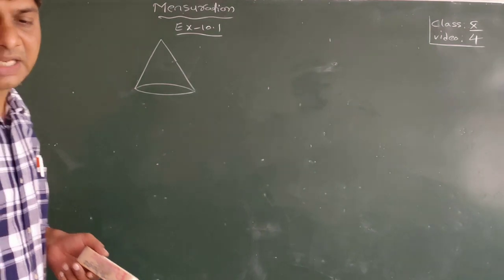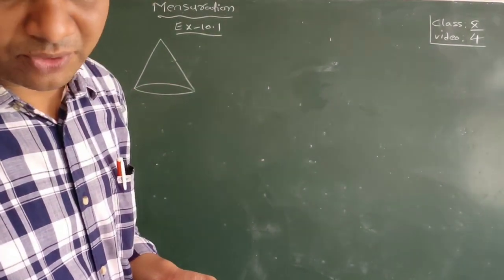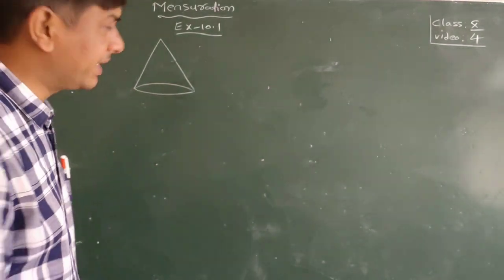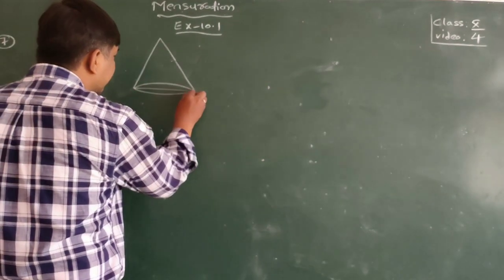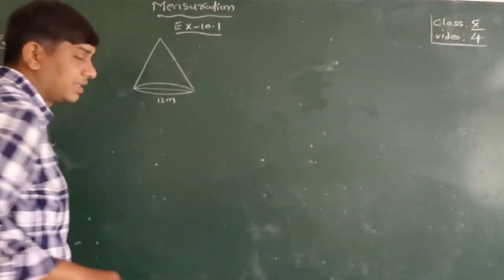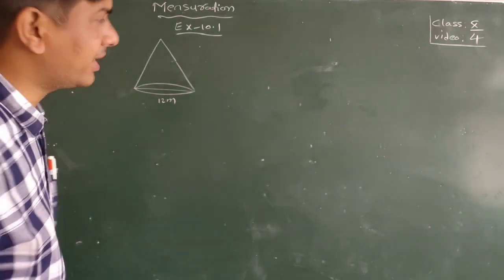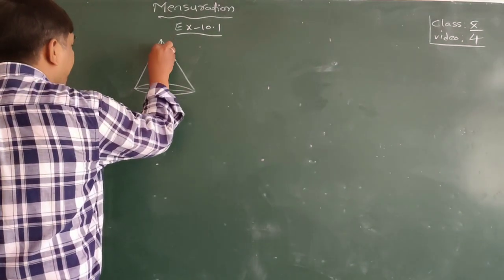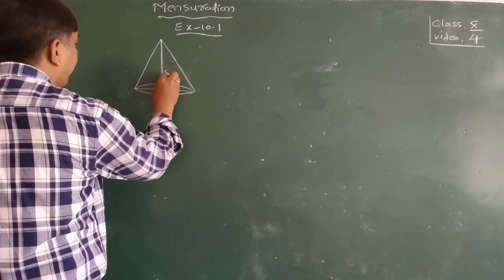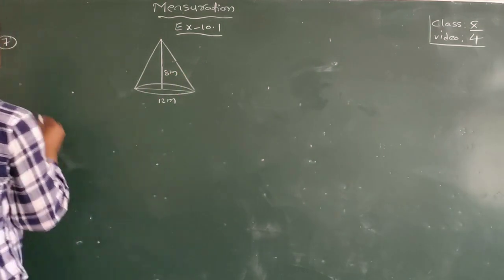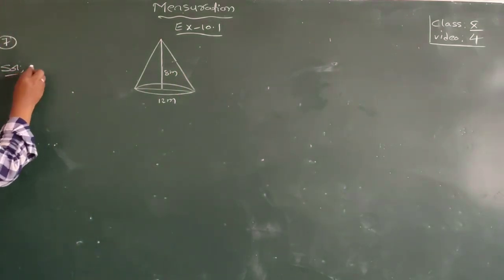Now, a heap in the form of a conical shape, and the diameter is 12 meters, and the height is 8 meters.